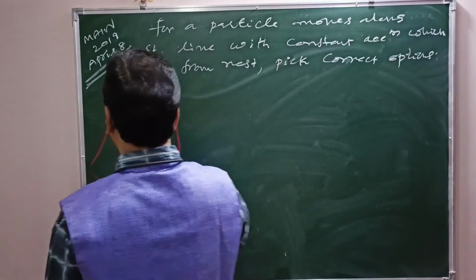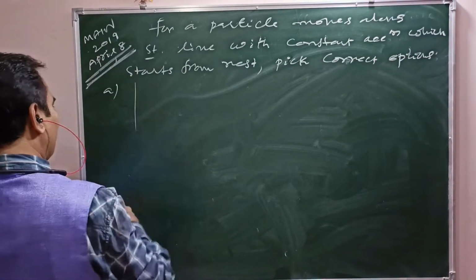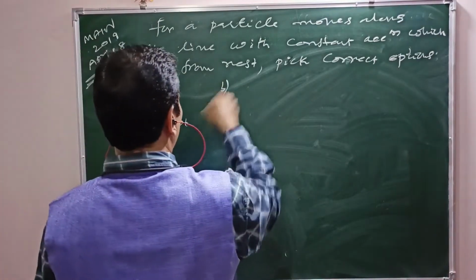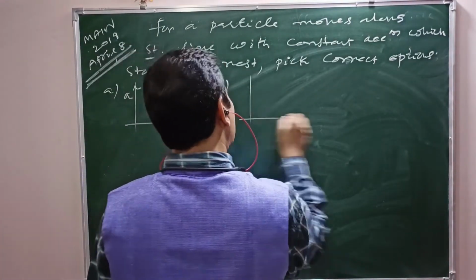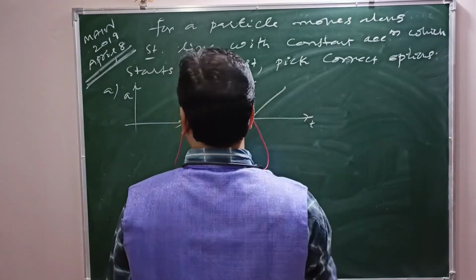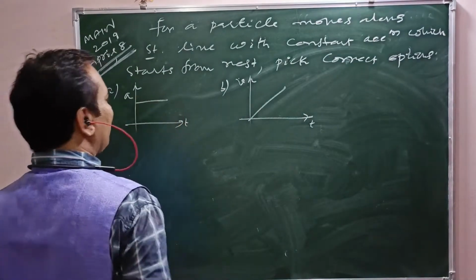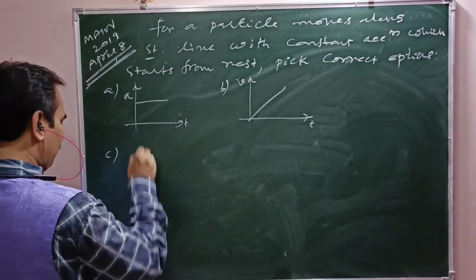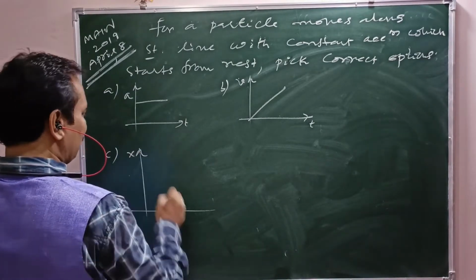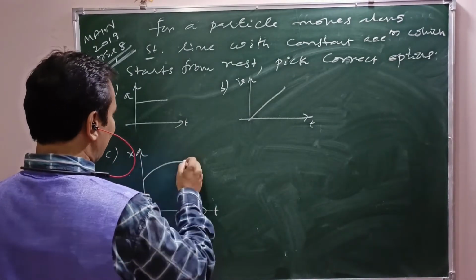Option A is the acceleration versus time graph. Option B, velocity versus time graph. Option C, position versus time graph, like that.